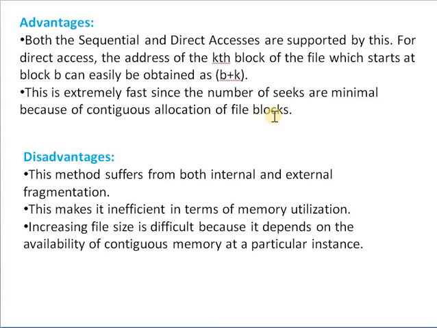When we store a file in the operating system using continuous allocation, continuous blocks are allocated to that file. So when we want a particular file, a minimum number of seeks is required.